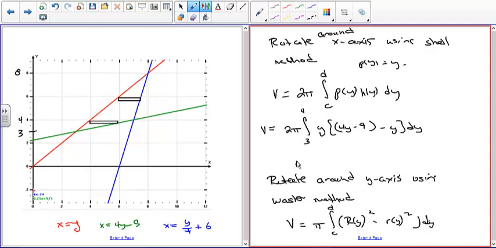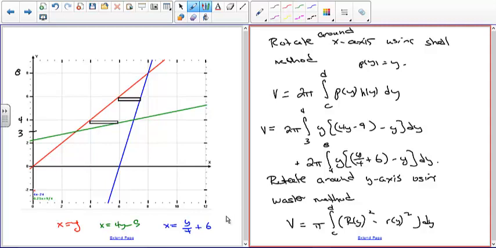Then for the second part of the interval, you've got the blue and the red curve. So you integrate from 4 to 8. P of y is still y. The outside curve is now the blue curve, which is y over 4 plus 6. And the inside curve is still x equals y. And that's it.